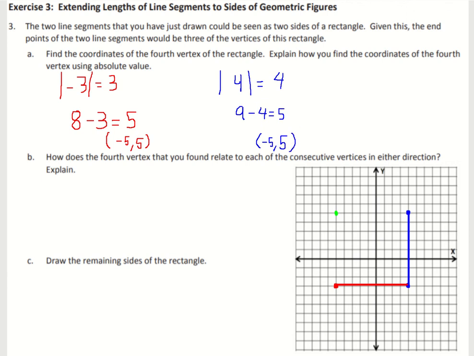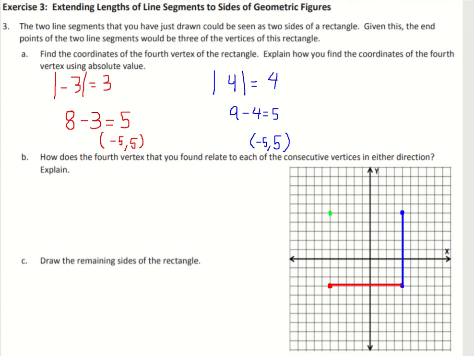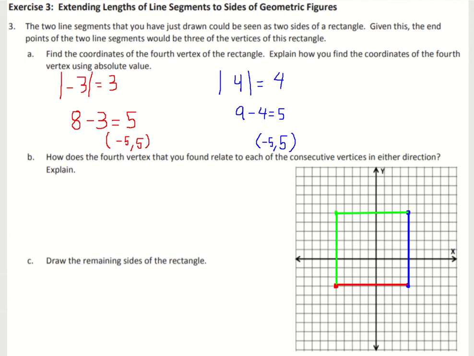So I get the same exact point, which means that most certainly must be my point. So I'm going to draw my green lines to connect to that point, and look at that, I have found my rectangle.